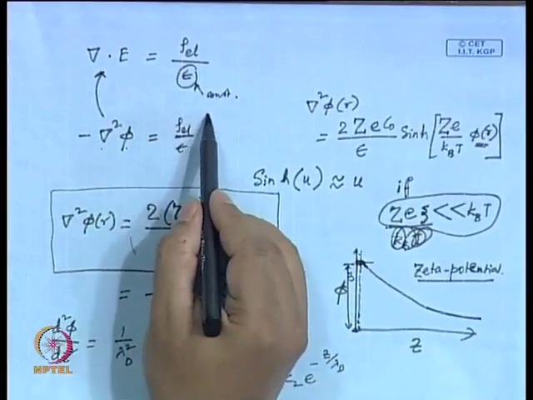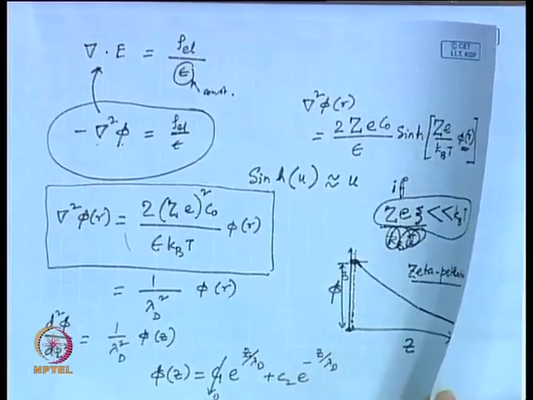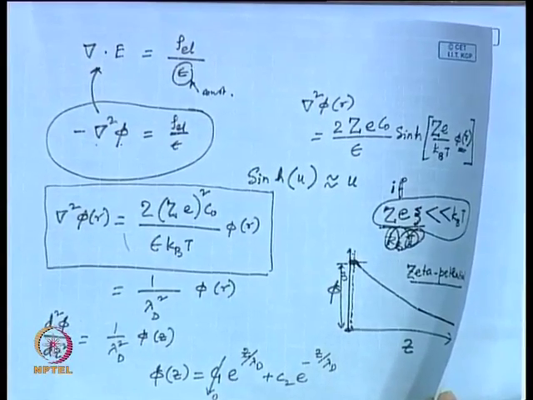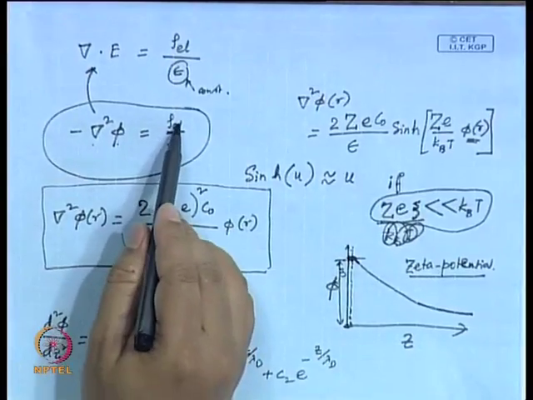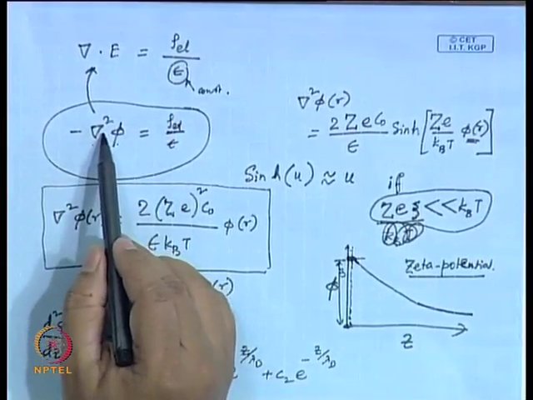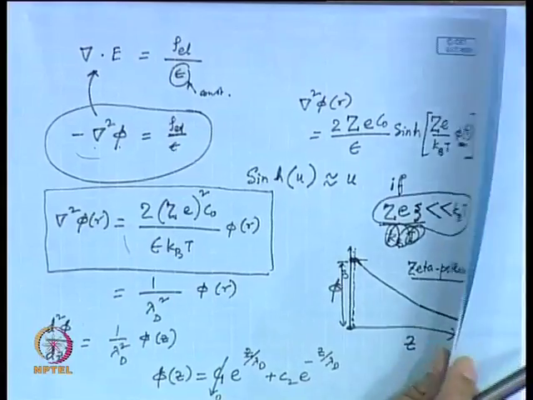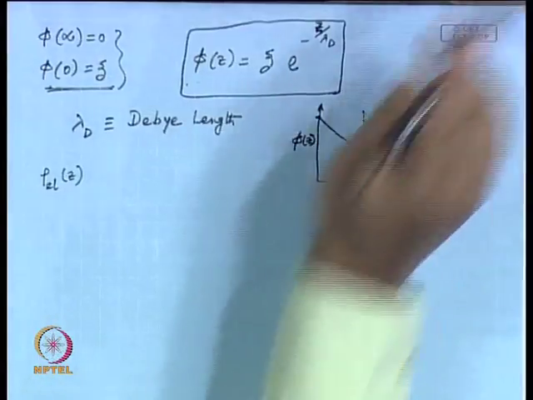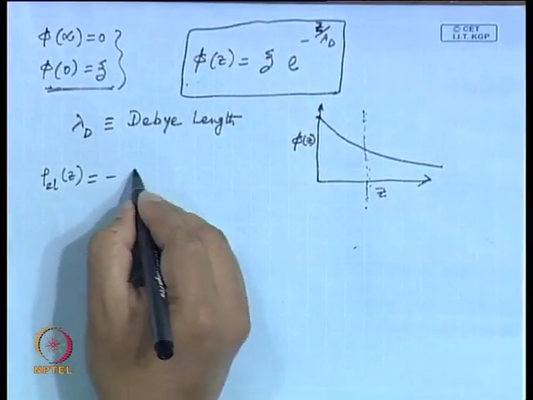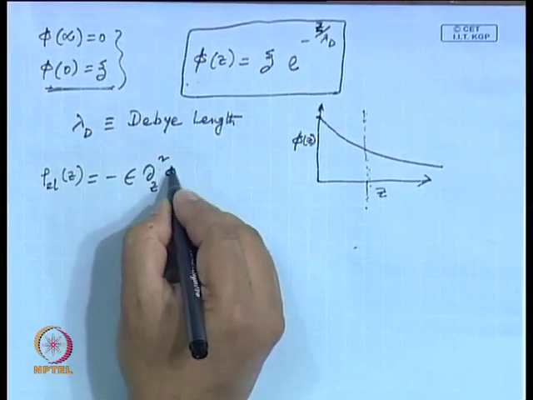If we just multiply by epsilon and take the second derivative. If somebody wants to know what rho EL is, what he will do is multiply by epsilon into del square phi. So, rho EL z would be nothing but minus epsilon del z square phi z.